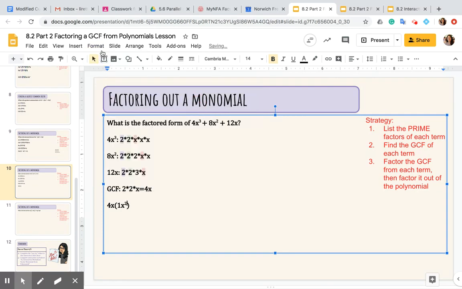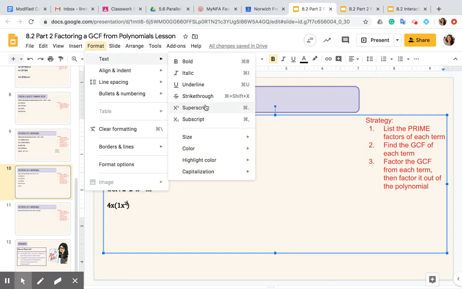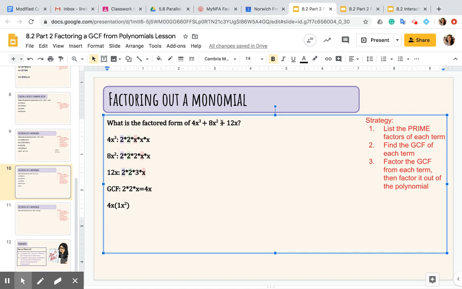Okay, I'm just using properties of exponents and subtracting here. 8 divided by 4 is going to give me 2. X squared divided by x is just going to give me x. Okay. 12 divided by 4 is going to give me 3. X divided by x, they cancel out. I'm left with 1, so I don't put anything there.